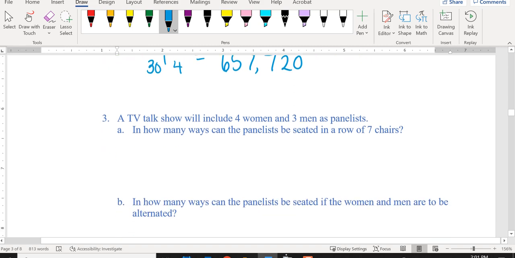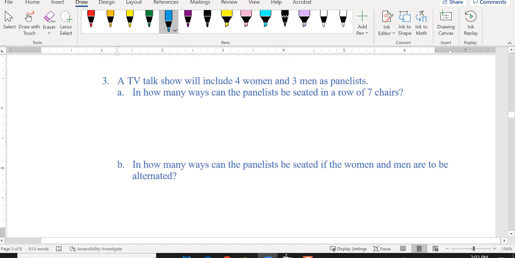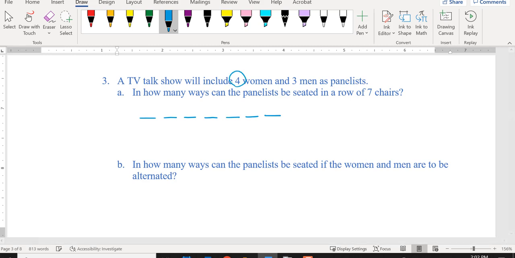Number 3, a talk show will include 4 women and 3 men as panelists. Part A says, in how many ways can the panelists be seated in a row of 7 chairs? So using the multiplication principle, we have 7 chairs, and we have 4 women and 3 men, so there's 7 to choose from. 6, 5, 4, 3, 2, 1.